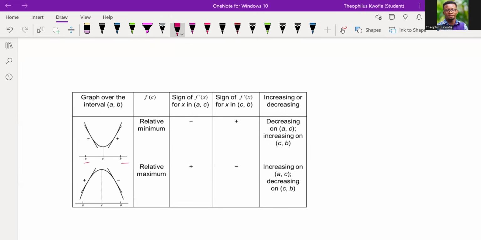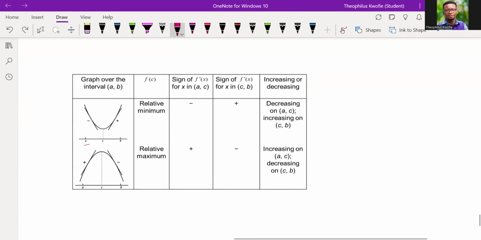Look at the horizontal axis over here, the interval AC. So we are looking at this side.